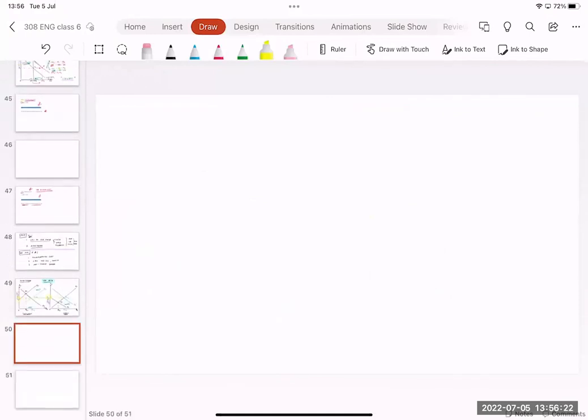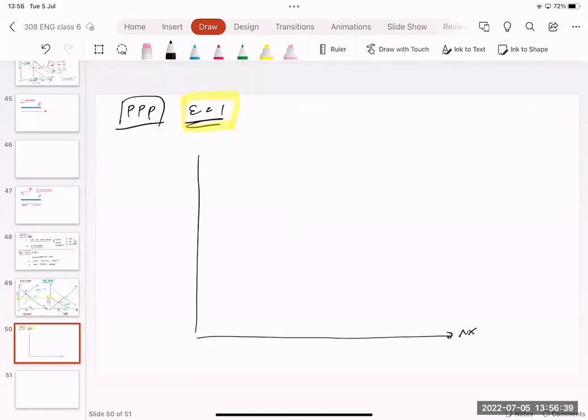Okay, if you have the property of PPP, purchasing power parity, the real exchange rate is always equal to 1, so the graph is going to change a little bit. This is NX and NCO against the real exchange rate. NCO looks like this.